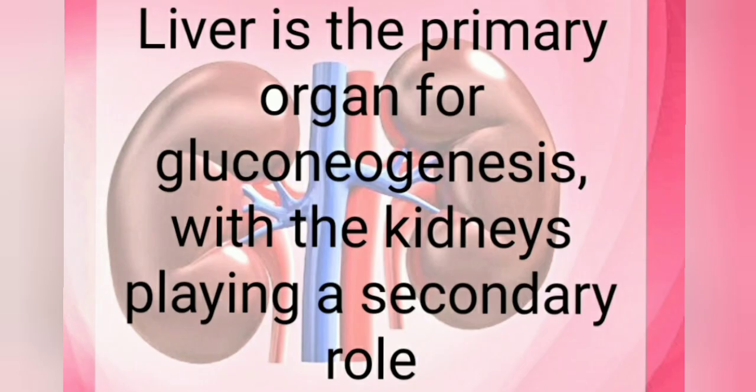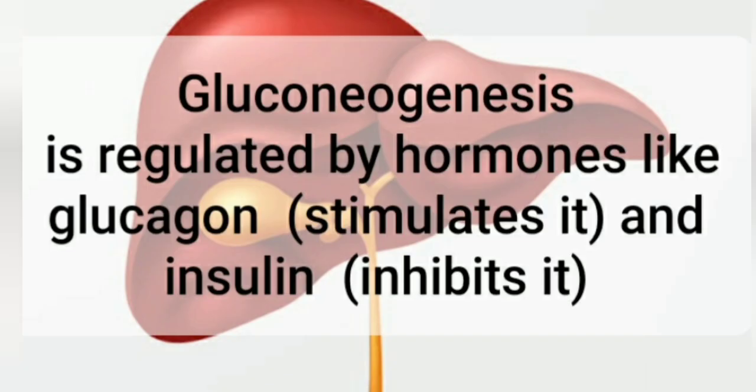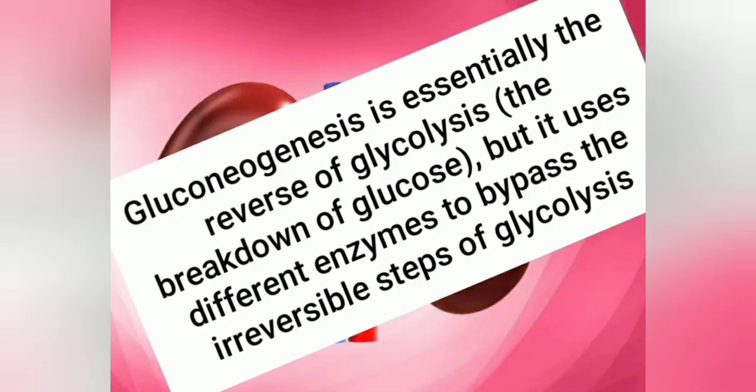Liver is a primary organ for gluconeogenesis, with kidneys playing a secondary role. Gluconeogenesis is regulated by hormones like glucagon and insulin. Glucagon is known to stimulate the pathway while insulin inhibits it.